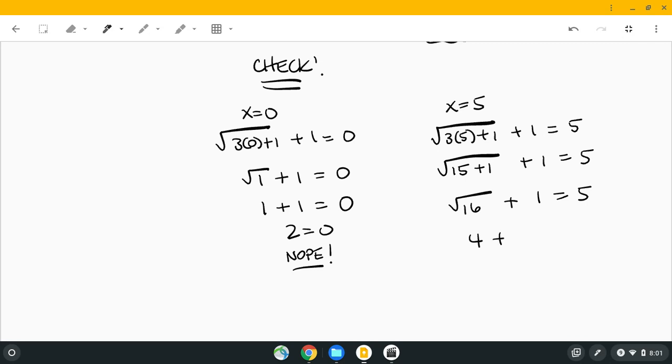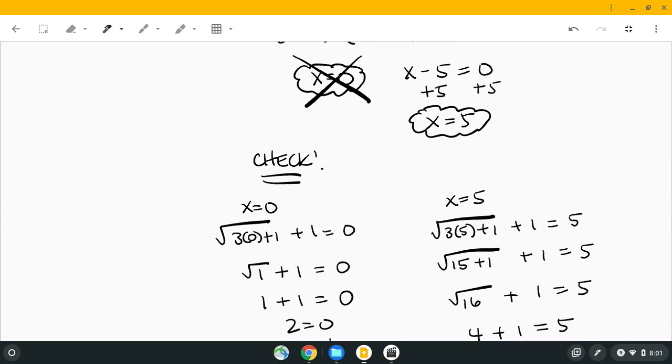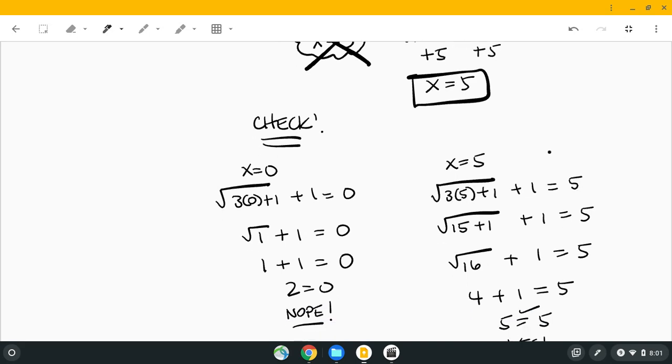Here we get 4 plus 1 equals 5. And here we get 5 equals 5. Yes. All right, so x equals 5 is our only solution. So now I'm going to go ahead and box it. Okay, so x equals 5.